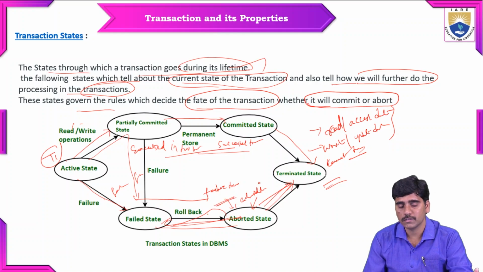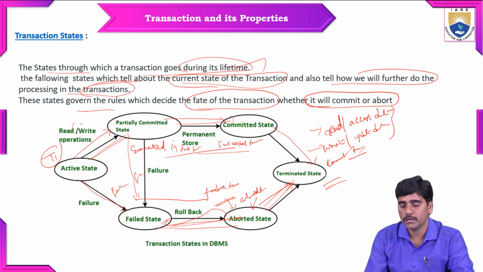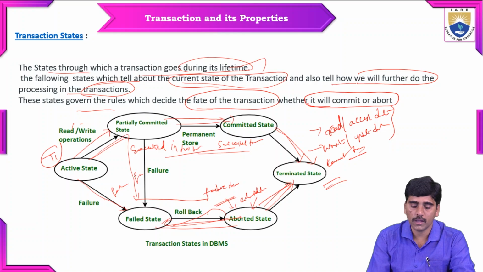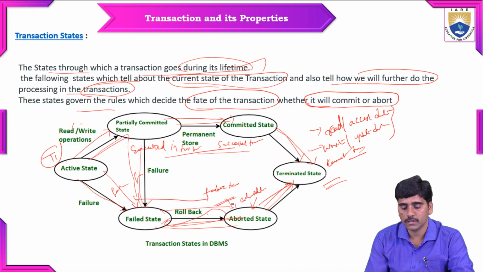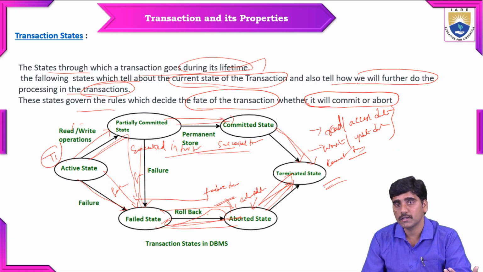For a successful transaction, the states are forwarded as active state, to partially committed, to committed state, and then to terminated state. But in a failed transaction, it goes from active state to failed state, or from partially committed to failed state, and from the failed state to aborted state to terminated state. That is how the transaction states are executed to complete the transaction.